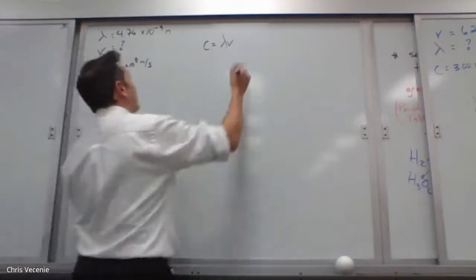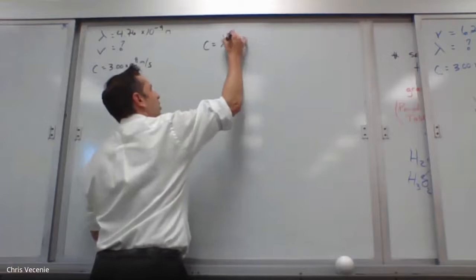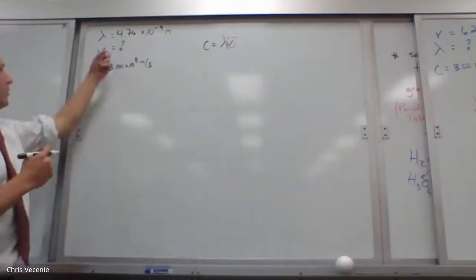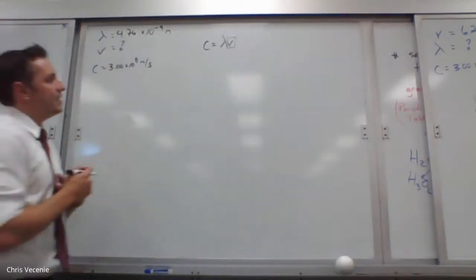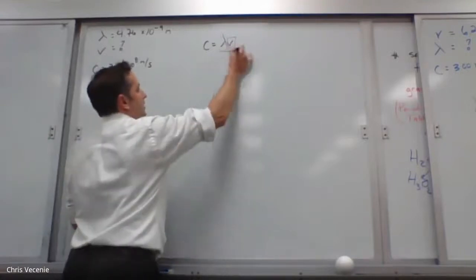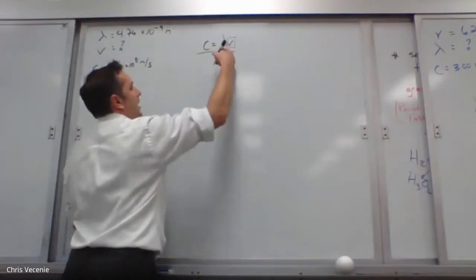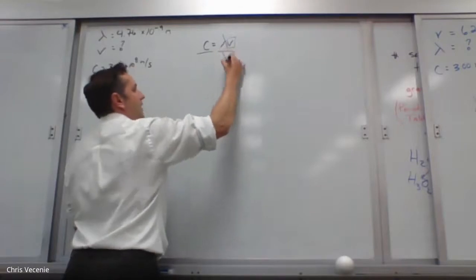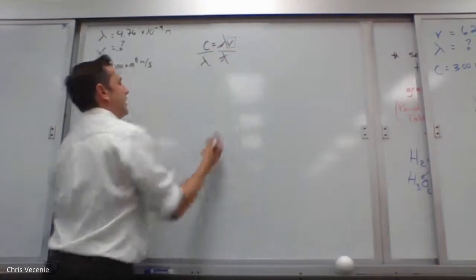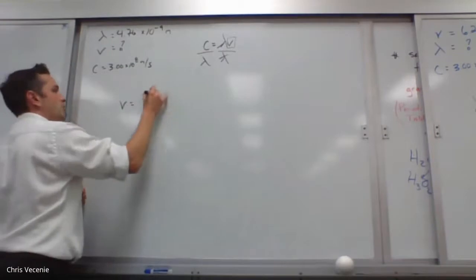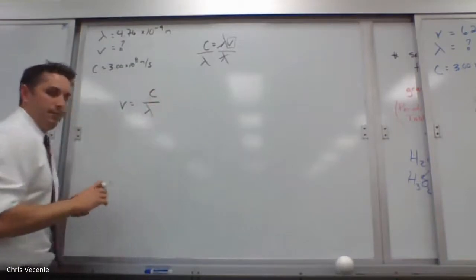Put a box around what we're looking for. This time my question mark was around the V. So I got to get V alone this time. This means that instead of dividing by V, I'm going to divide by the other one, lambda, to get that alone. So V equals C over lambda.